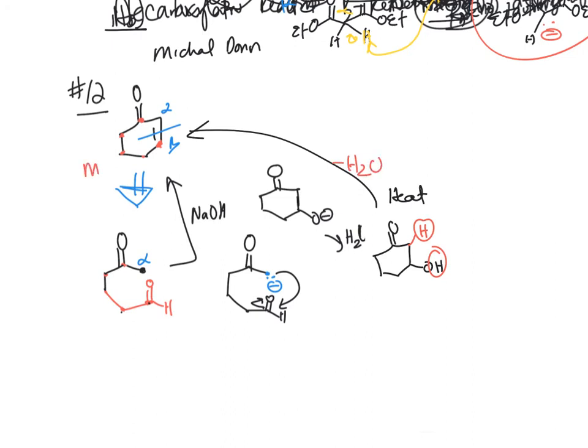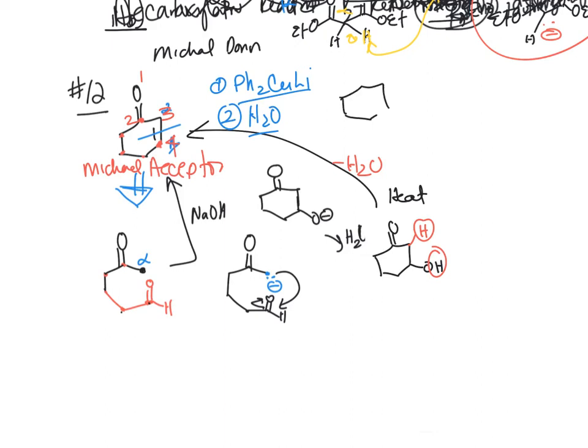Now this is a Michael acceptor. So you want to go ahead and number 1, 2, 3, 4, and you have an excellent Michael donor, the phenyl copper lithium, and then you treat it with water. The water will protonate the enol, and it undergoes enol tautomerization. So this is going to add to the 4. I'm actually going to draw the phenyl out.